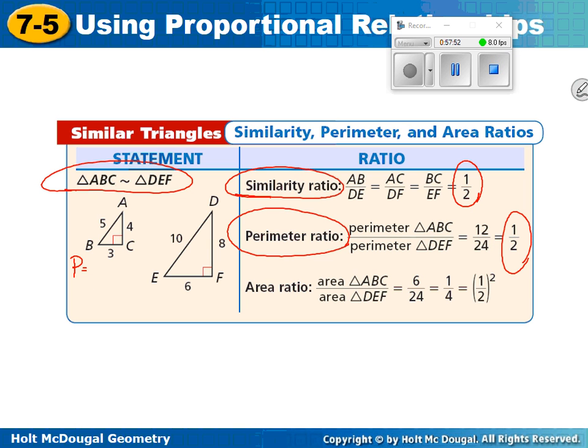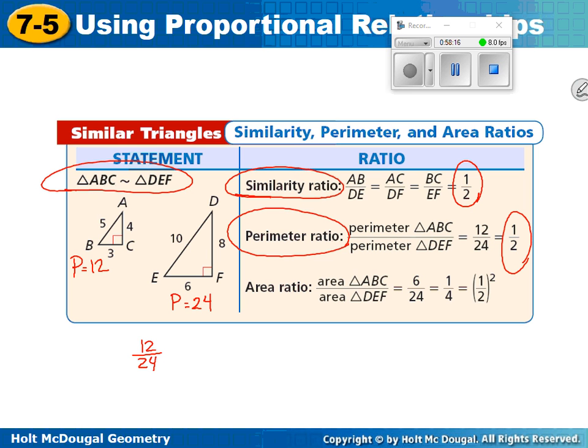Everybody agree? 5 plus 4 plus 3 is 12. Okay, the perimeter of this triangle: 10 plus 8 plus 6 is 24. And what is 12 over 24? 1/2. Every single time, the ratio of two sides will be exactly the same as the ratio of the perimeter.